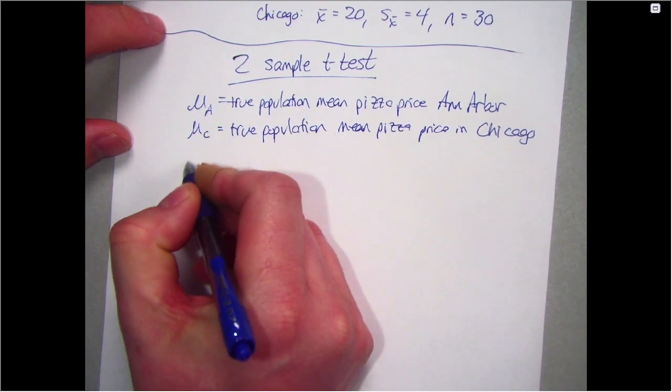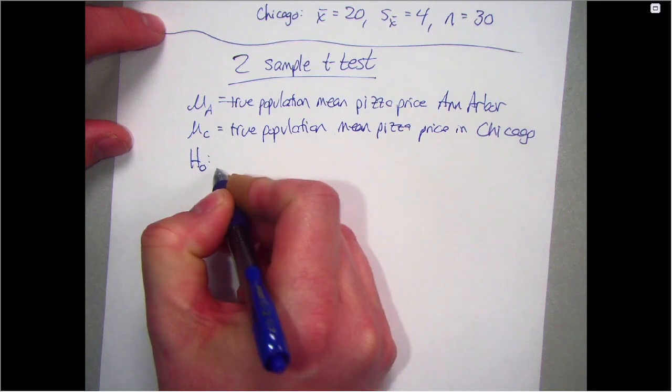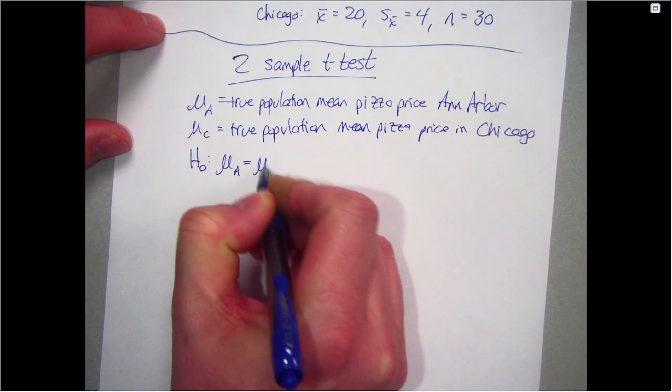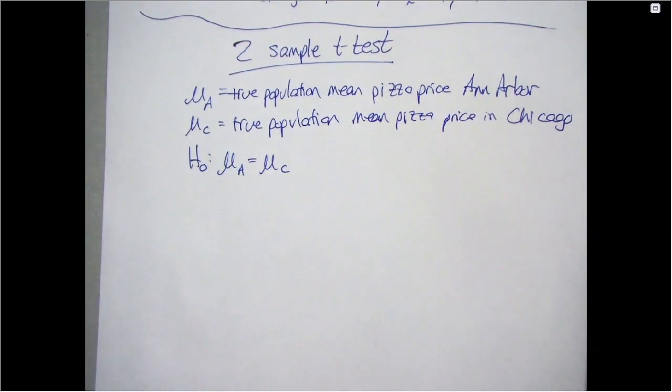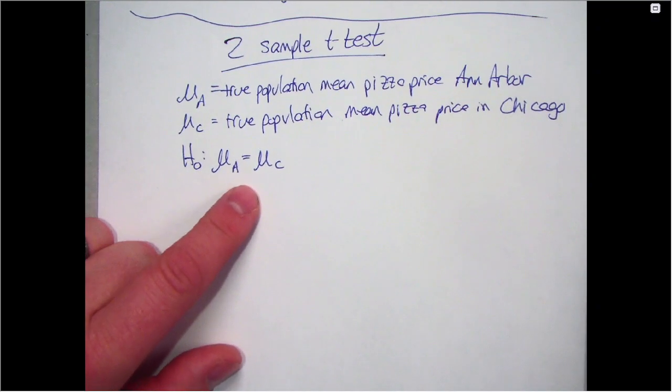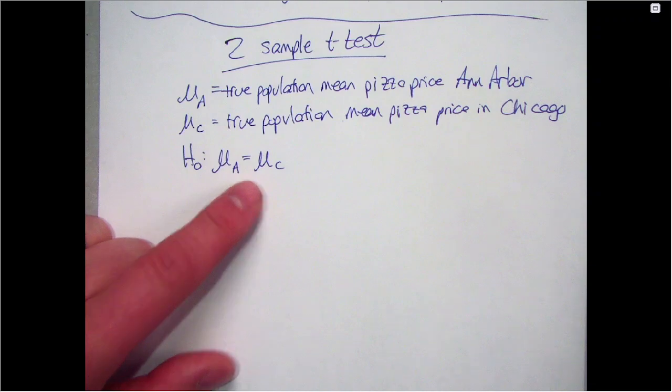So then H0 would be that mu A equals mu C. Or we've done it before where you put mu A minus mu C equals 0. That's also valid. I think this is a lot more intuitive to look at. I'll do this one, but when we do the template, I'll show you the other.